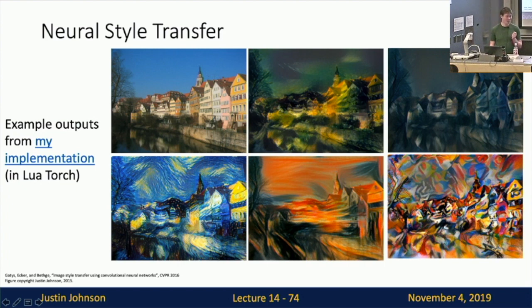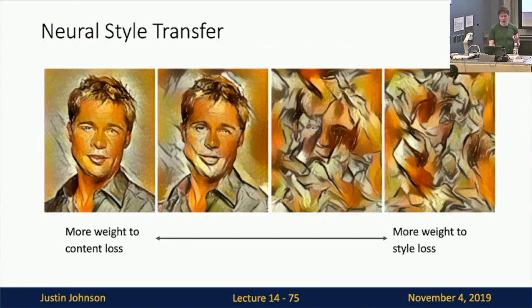Now there are a lot of knobs that you can tune inside this style transfer algorithm. Because I told you that we're doing a joint reconstruction, trying to match the features of one and the gram matrices of the other, you can trade off between how much you want to reconstruct features versus reconstruct gram matrices.